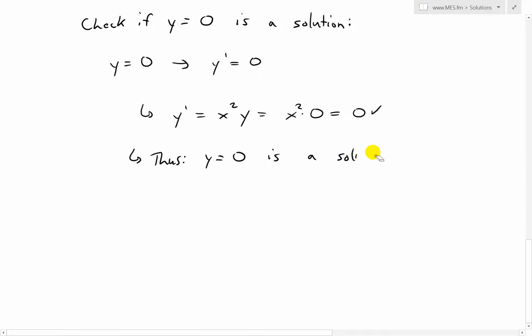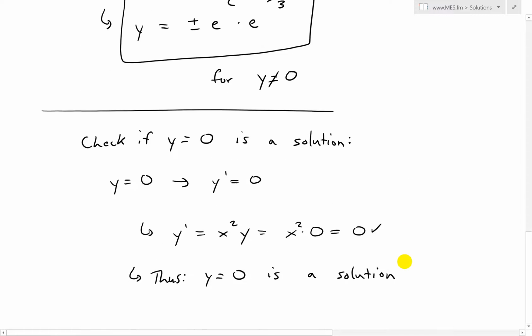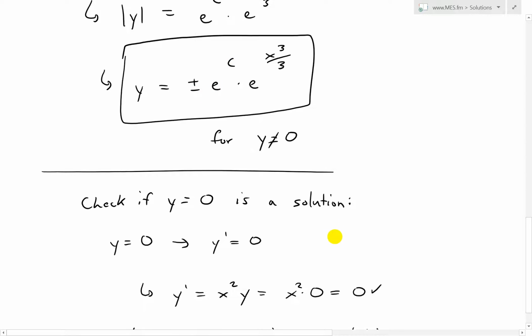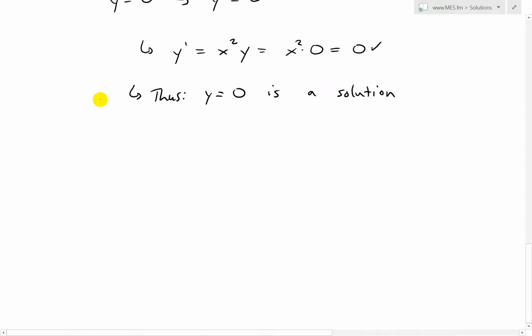So since it's a solution, what we can do is rewrite our solution here. We got this e to the c. Again, e to the c is still a constant, and there's a plus or minus. So thus, let's write the general solution.